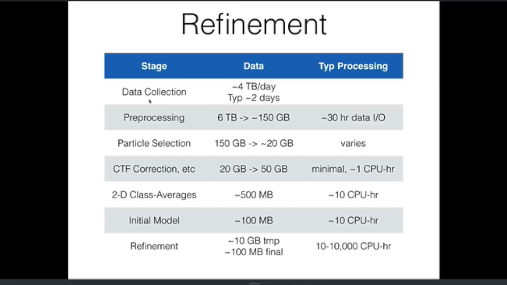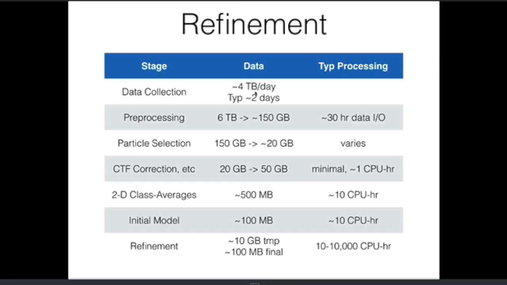Now, one of the issues that people have run into with these new detectors is they collect data tremendously faster than data used to be collected. So it used to be you'd have a 1 second exposure on the microscope, and that would give you one micrograph. And the micrograph would be, say, 4K by 4K pixels.